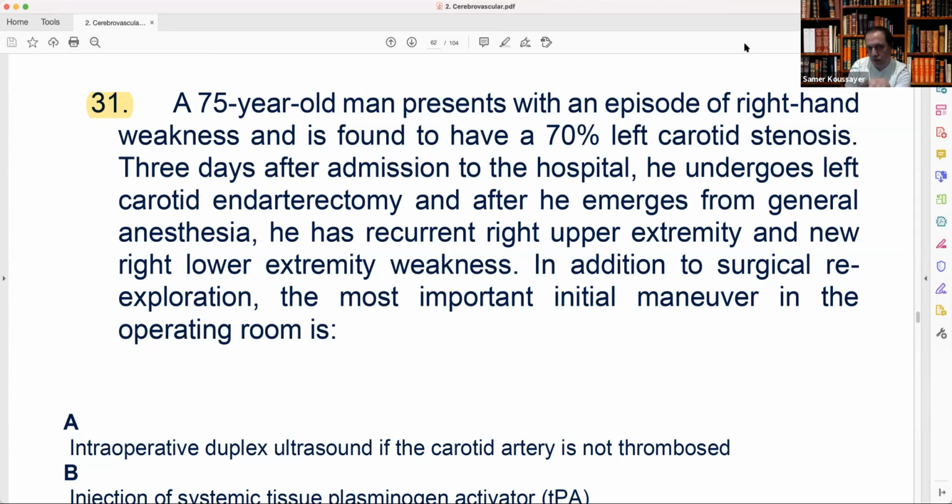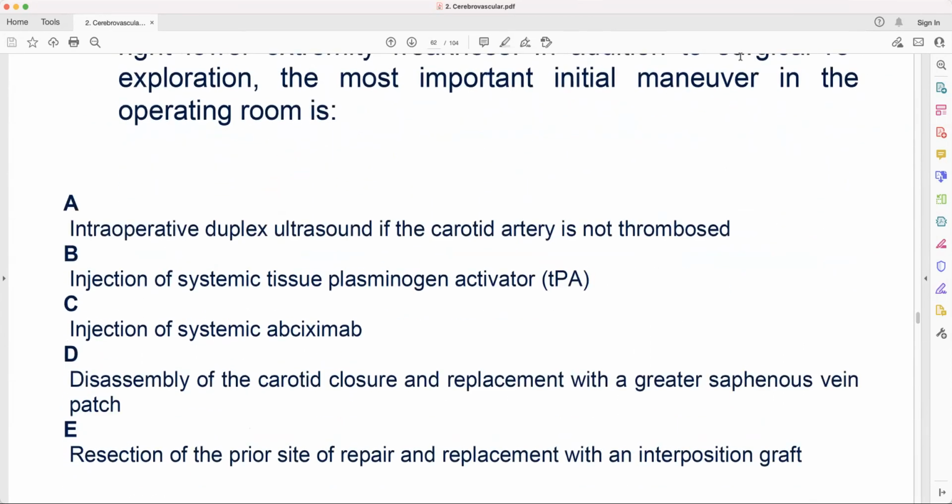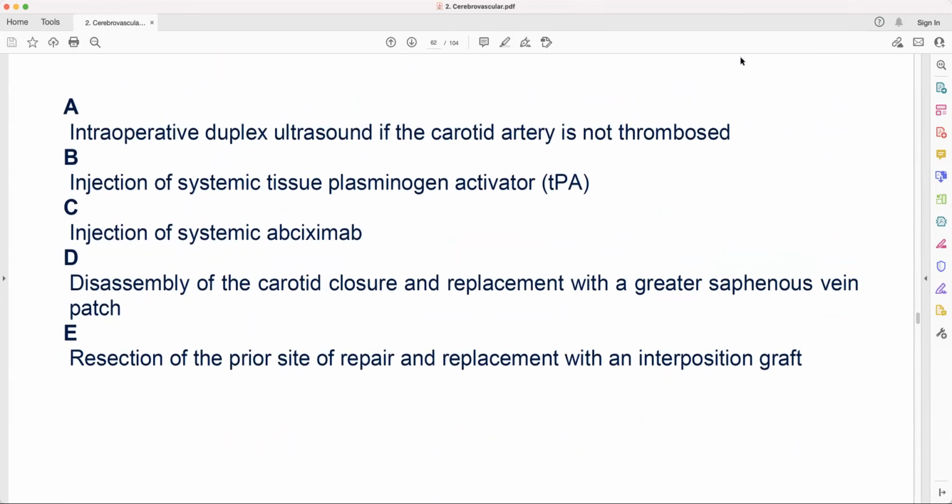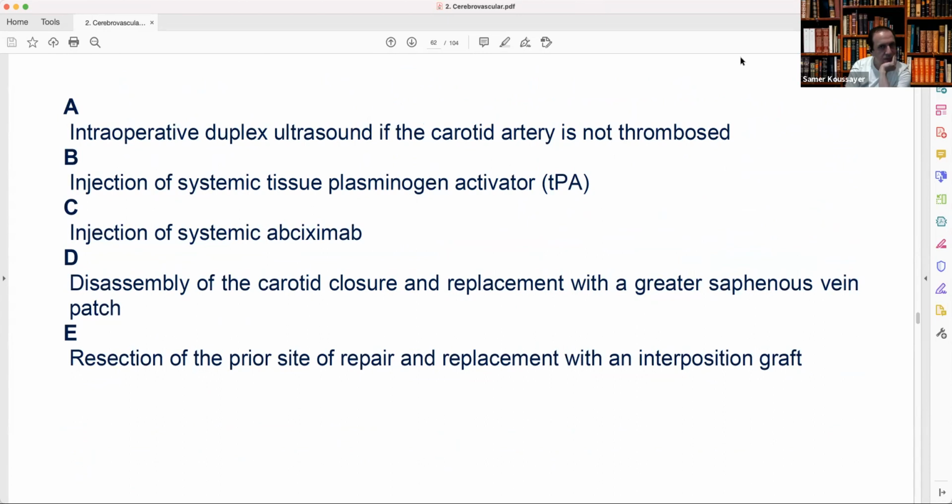And after you open, what do you do? This is the question. So you open, now what do you do? Intraoperative duplex ultrasound if the carotid artery is not thrombosed. The first thing you check is the pulse.